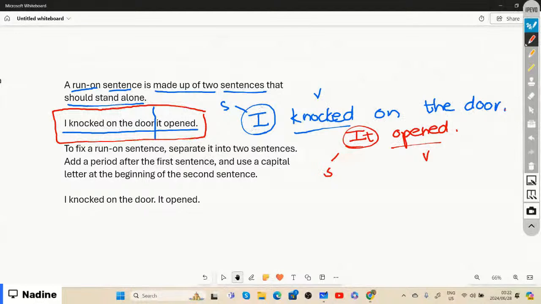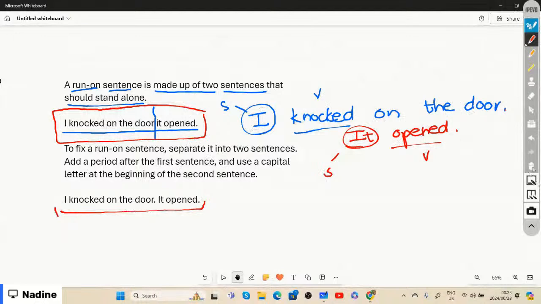So that is how we can fix a run-on sentence, by separating it into two sentences, because each is supposed to be standing alone. We add a period, and then the second sentence starts with a capital letter at the beginning of the sentence, right? And there we have an example.